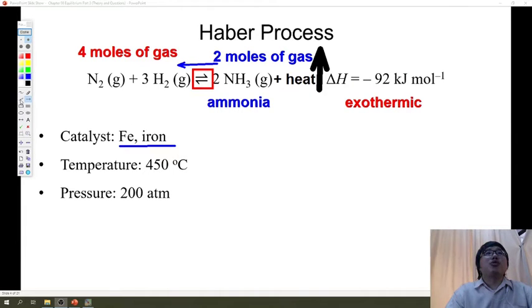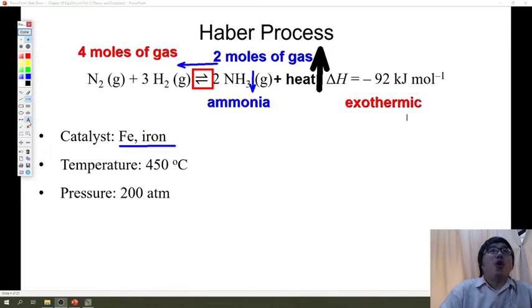What happens to your ammonia? Unfortunately, it decreases. So why do they use a high temperature when they want more ammonia, when increasing the temperature results in lower amounts of ammonia?